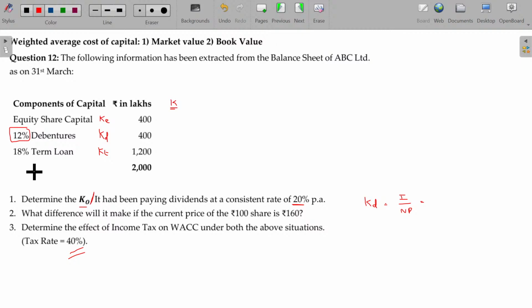Face value will be the realizable value or net proceeds. For every 100 rupees, 12 rupees will be the interest payment. 12 by 100. This is before tax. In case of tax, just multiply with 1 minus t. Then 12 by 100 into 1 minus 0.4 gives 7.2%. Is that clear?